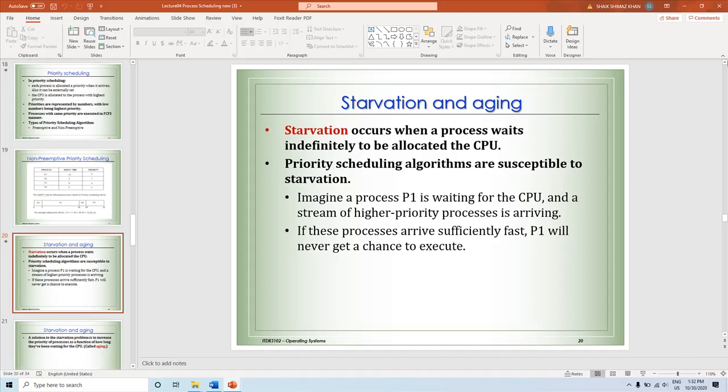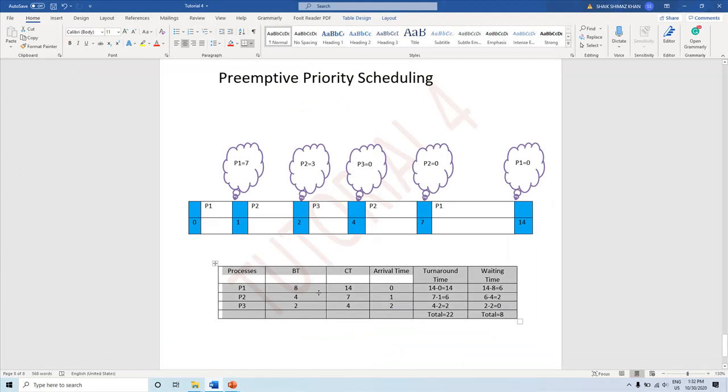One of the issues with priority scheduling is the problem of starvation. Starvation occurs when a process waits indefinitely to be allocated the CPU. Priority scheduling algorithms are susceptible to starvation. So what is starvation here?